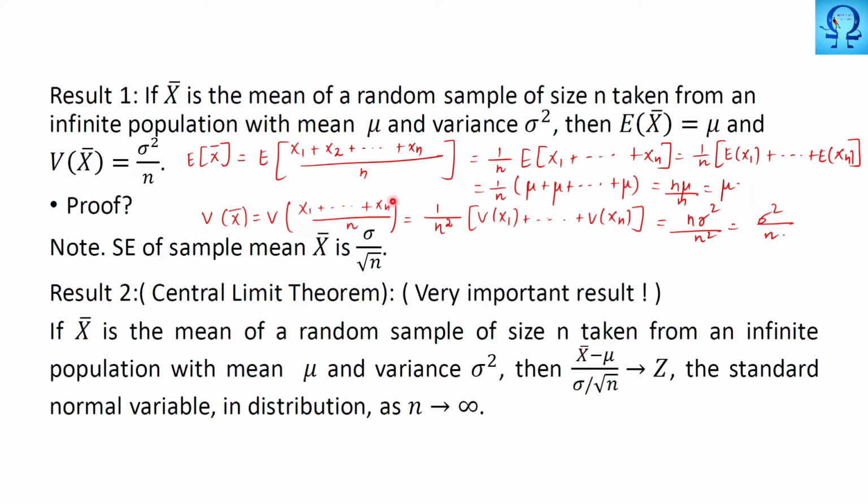Then you know the expected value and standard deviation of this, with which you can normalize it. So that becomes a standard normal variate in the distribution as n approaches infinity, which means when your n is getting larger and larger, you can convert this to a standard normal variate.